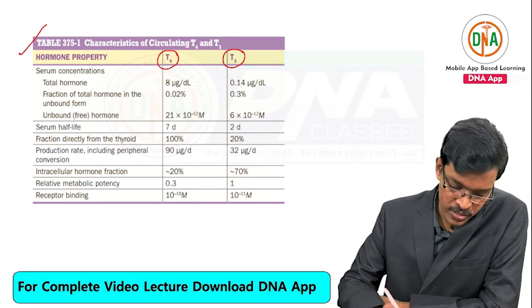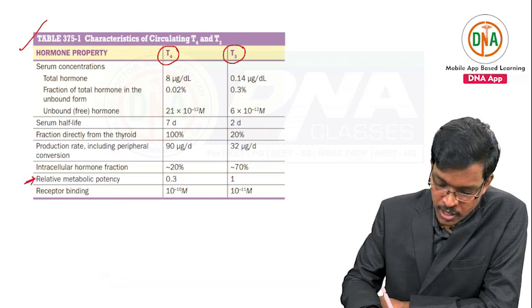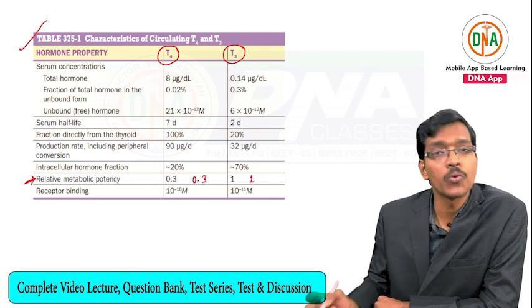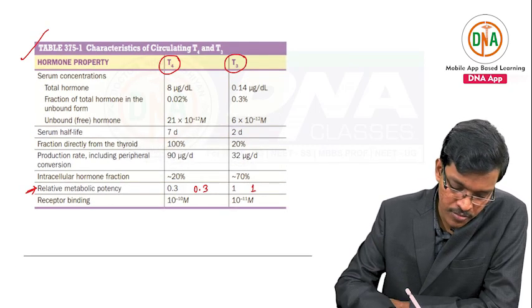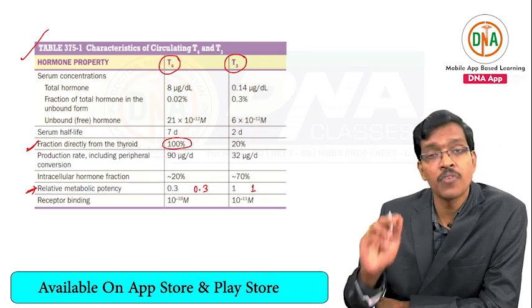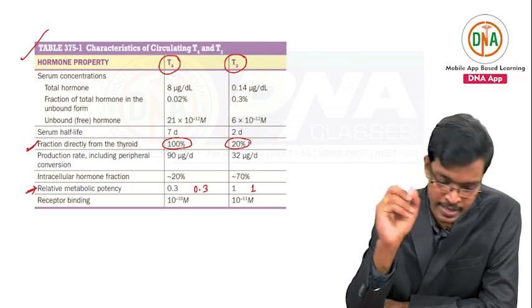First is the metabolic potency of the hormone. If you take T3 as 1, T4 is 0.34. Second is the fraction from the thyroid. T4 100% comes from the thyroid, and for T3 only 20% comes from the thyroid gland.